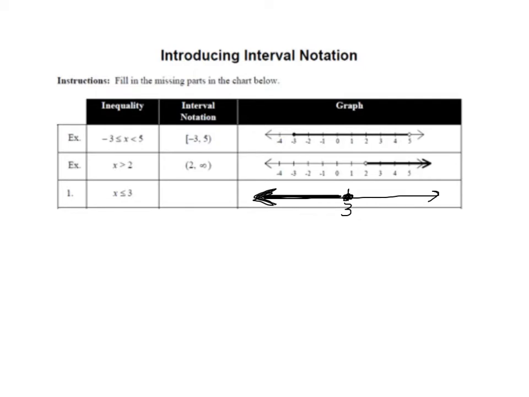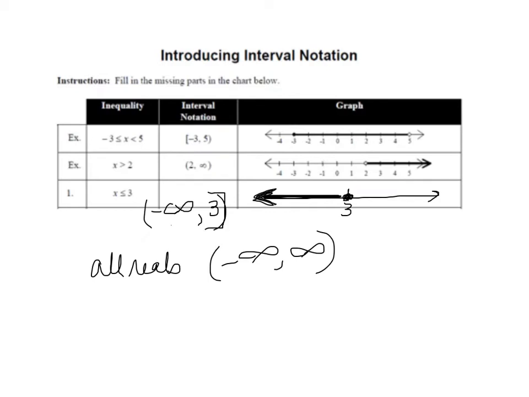So on this side, this would be from negative infinity, and since infinity never ends, it doesn't get a bracket, it just gets a parenthesis, and that goes from negative infinity to 3. And does it include 3? It does. So I have a bracket just like this. If I wanted to do all reals, then it would go from negative infinity to positive infinity. And then what it would look like on here is just everything. So that's a real quick introduction.